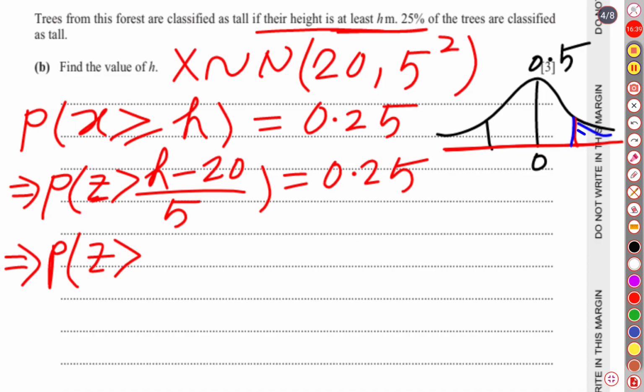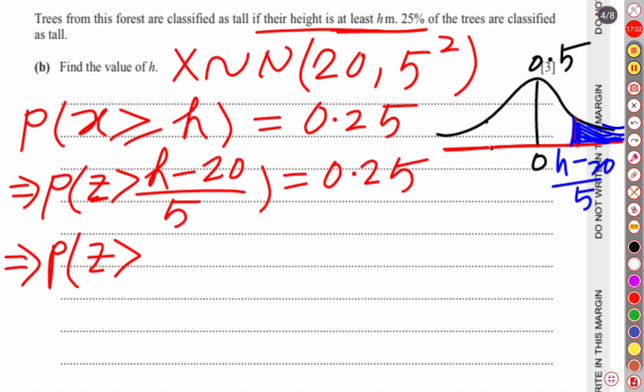So this tiny part is actually 0.25. Now where is our z score lying? Our z score is lying over here, h minus 20 over 5. This is our z score.